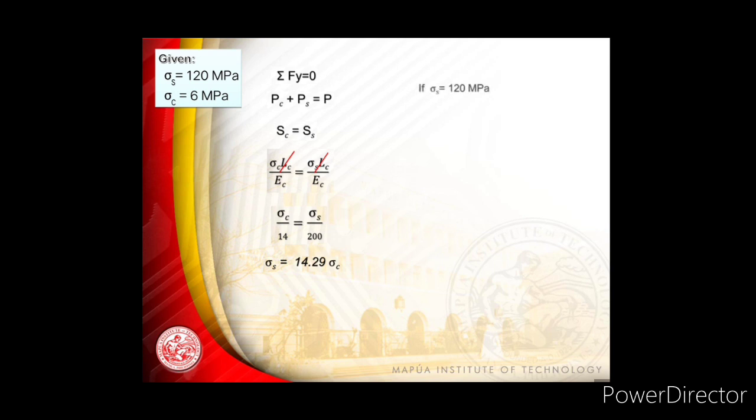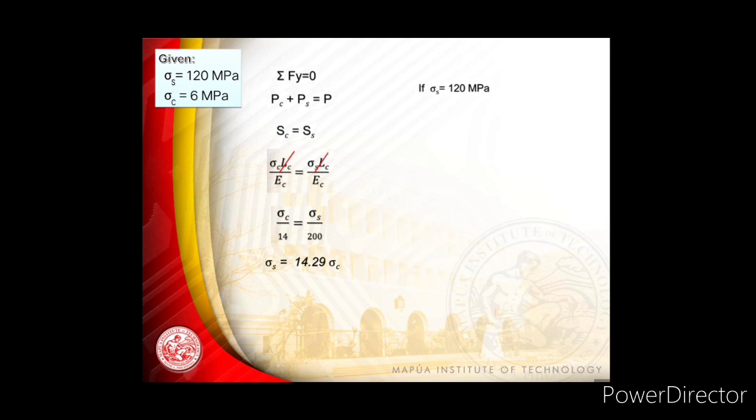Okay, so with the relationship of the stress of the steel equivalent to 14.29 times the stress of the concrete, that will happen at the same time. However, if we allow the stress of the steel to reach 120 megapascal, what should be the stress of the concrete?